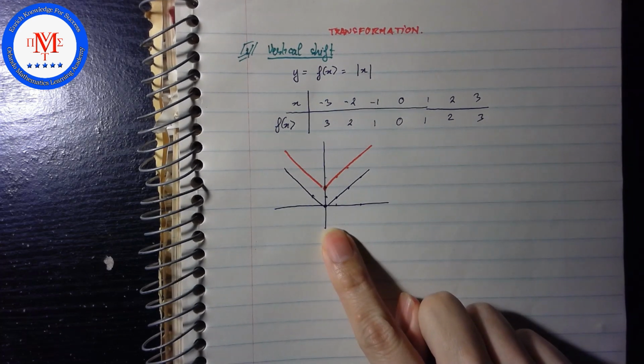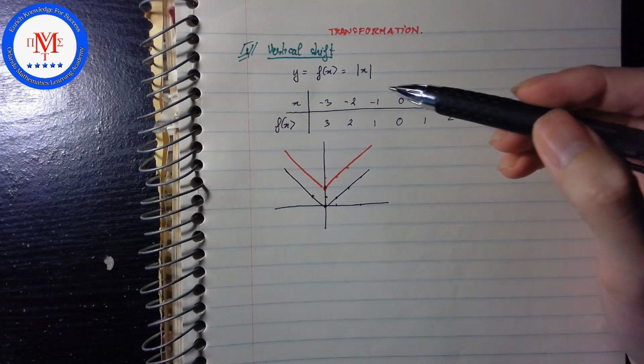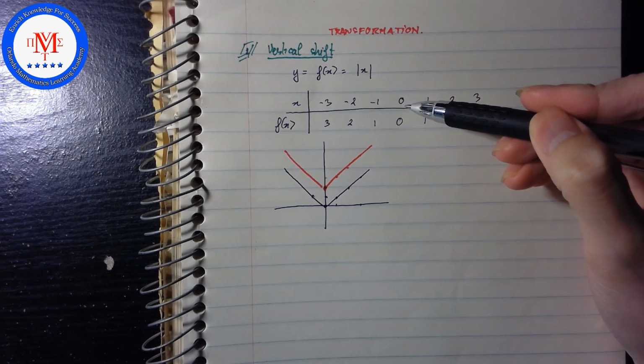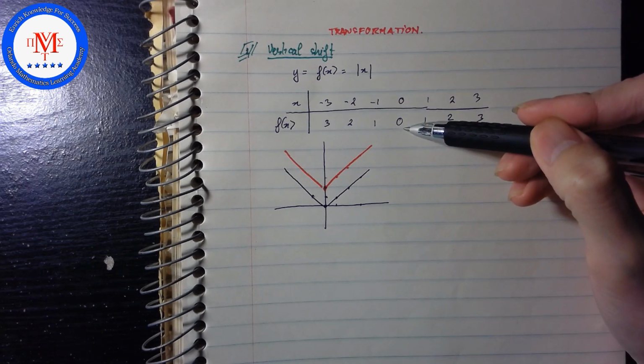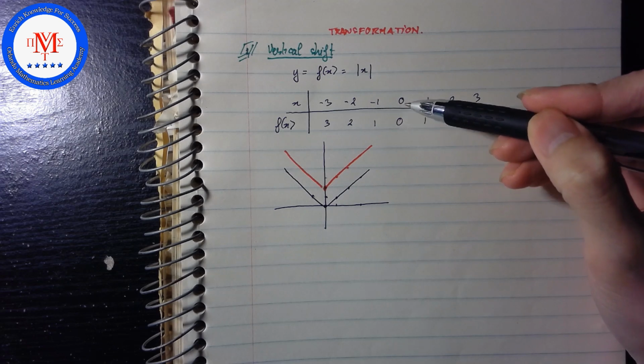The vertex right now is not at the origin anymore, but it's at the point (0, 2). So what we did is we add 2 units to the y component of each point. We keep the x component, so we add 2 units to the y coordinate.